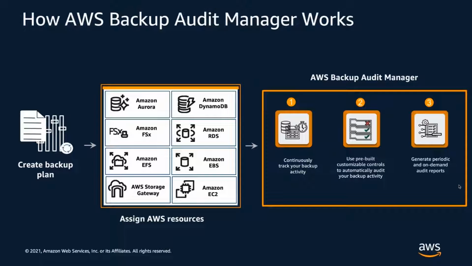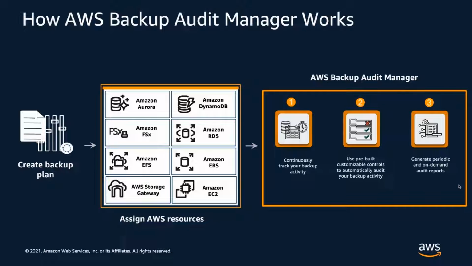The second part is auditing. Once you have turned on resource tracking, you can use the pre-built customizable controls provided by AWS Backup Audit Manager to define your data protection policies and automatically evaluate compliance.